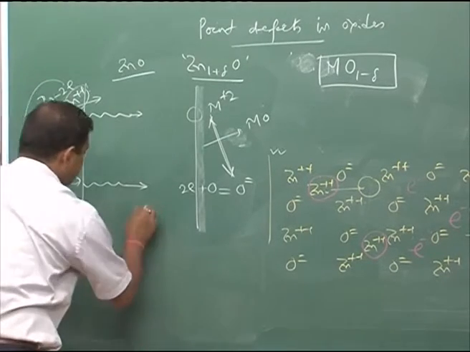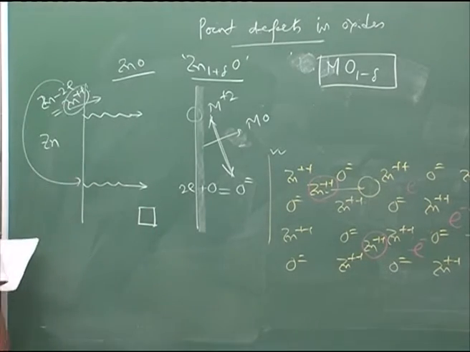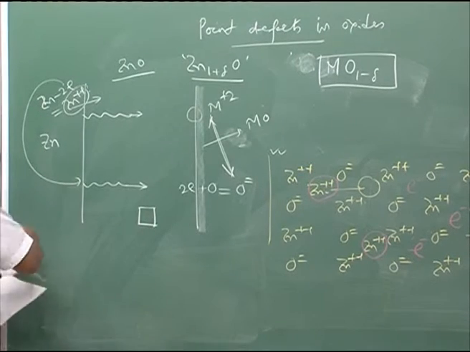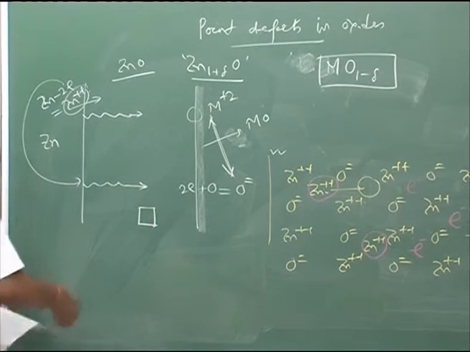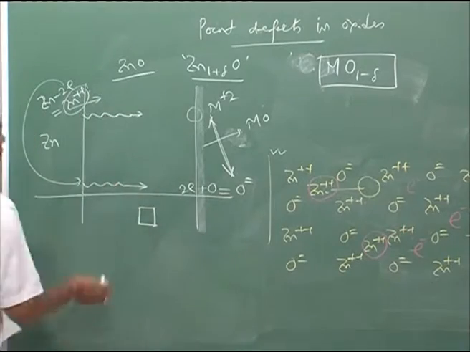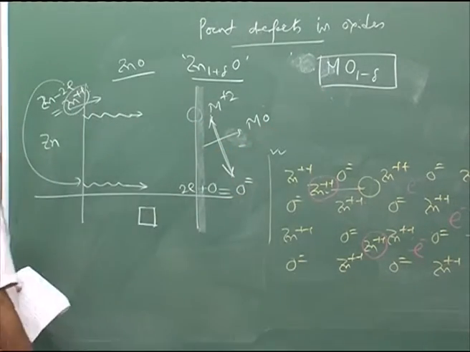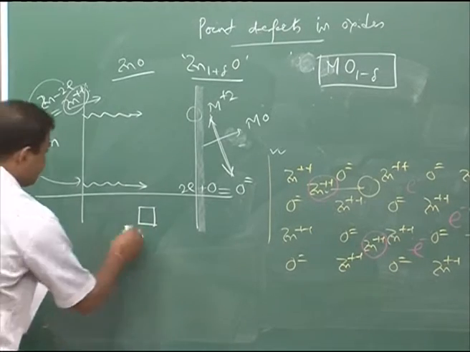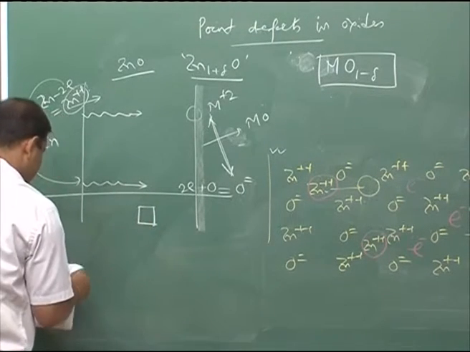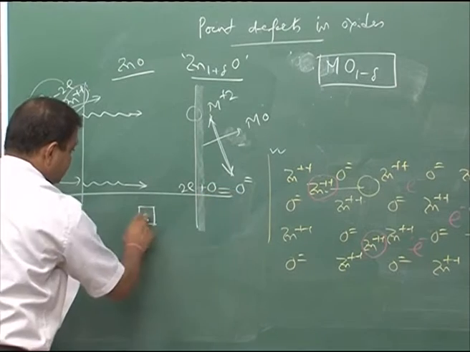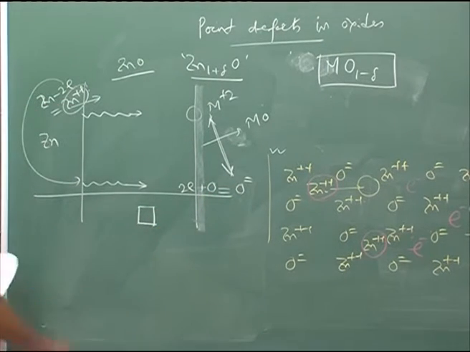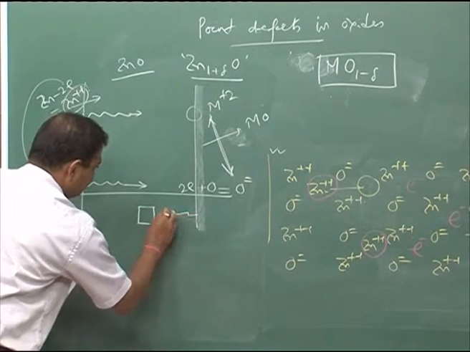So, this is the second case where you have less oxygen in the lattice. So, you have oxygen vacancies. Through the oxygen vacancies we have oxygen anion movement or diffusion onto this surface.